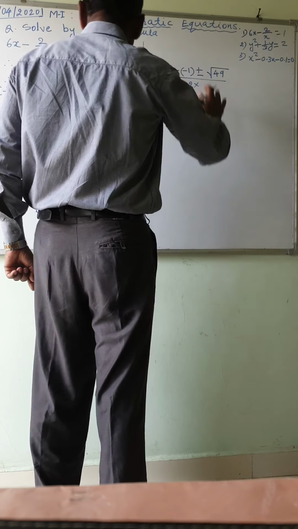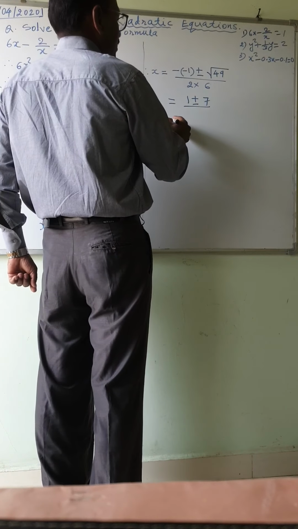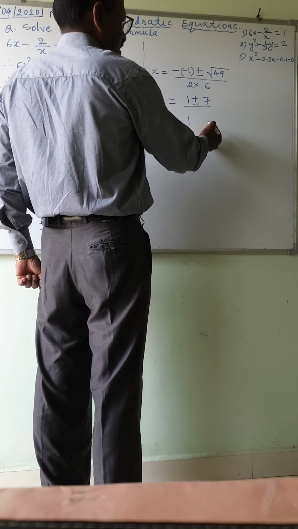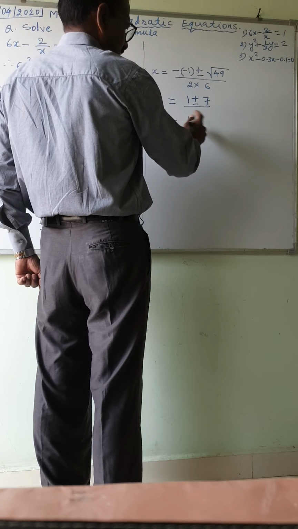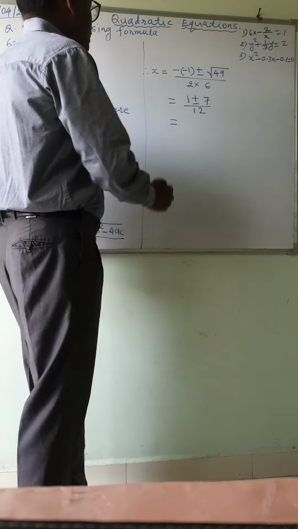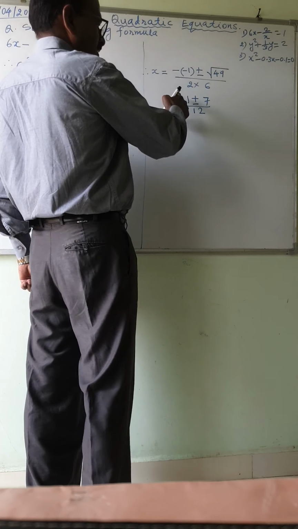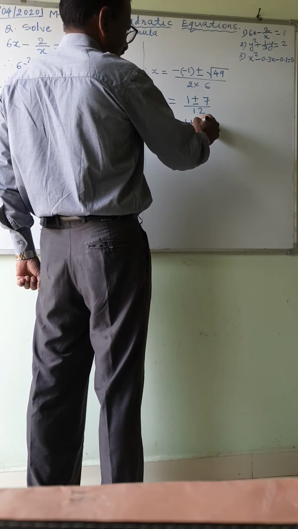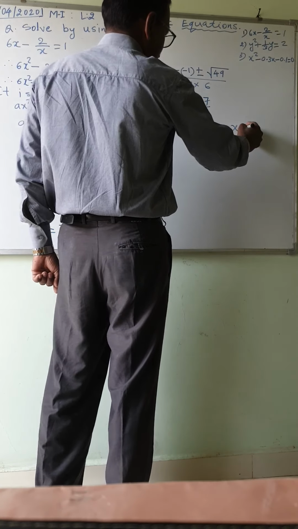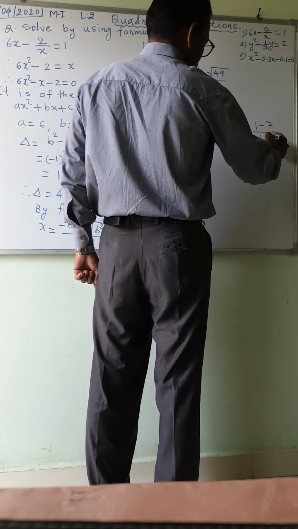A value I have to put. A is 6. That is equal to, this minus minus will become plus 1 plus or minus that 7 upon 6 2s are 12, that is remaining. So x is equal to 1 plus 7 upon 12, or x is equal to 1 minus 7 upon 12.